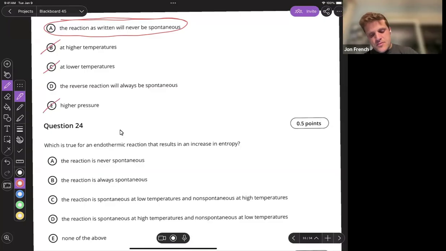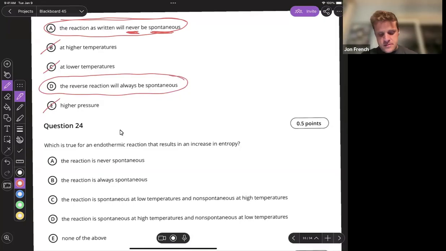But because the reaction as written is never spontaneous, the reverse reaction will be spontaneous. So there were two answers there, and I think that's what led to the confusion. The way the question is written, most of you would probably just gravitate toward answer D, even though I was looking for two answers there.